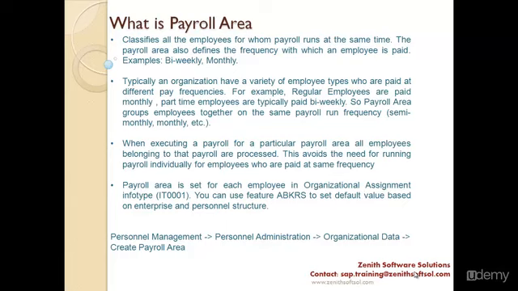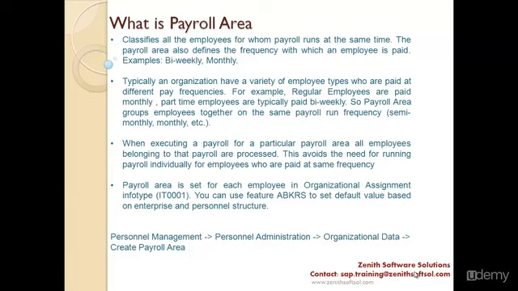Now if you recall infotype 1, which is 0001 organizational assignment, in that infotype you might have noticed there is a small field called payroll area. That is the place where you store the payroll area for an employee. So for any employee record, if you go and see what payroll area is attached to that employee, it means when the payroll is running, the system knows which employees to include in the payroll based on the payroll area.